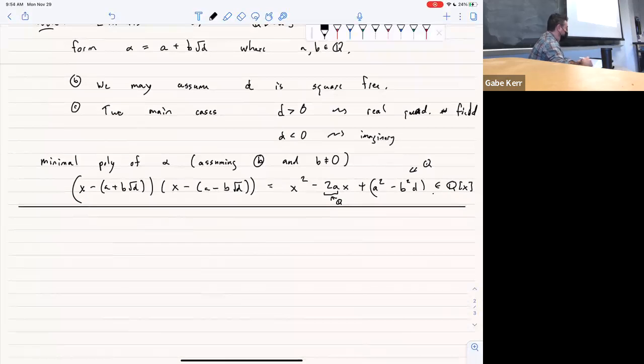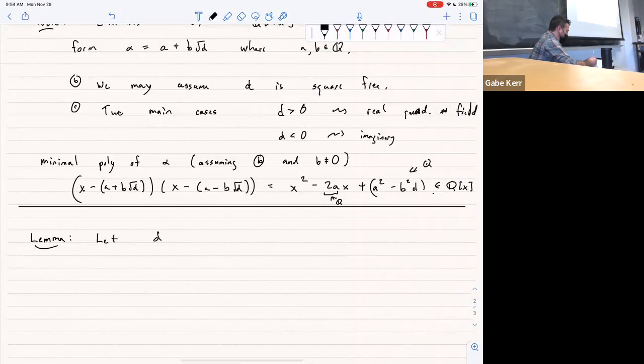Questions? So now what we want to do is find the algebraic integers here. So let's say we look at this field, and we find the algebraic integers. We need some kind of lemma, which is basic, but okay.